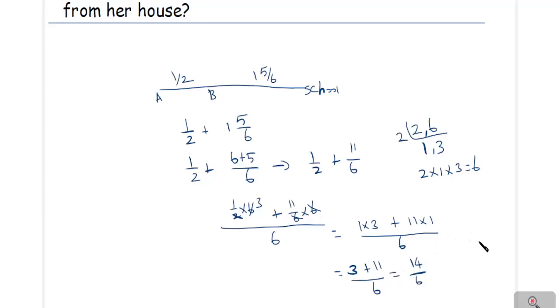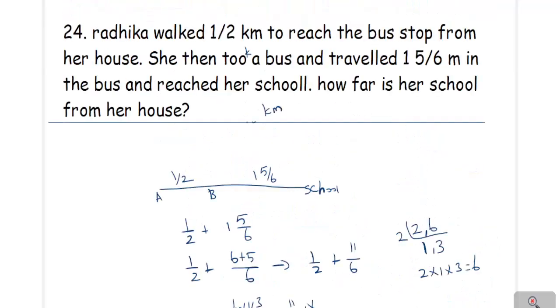Further, it can be simplified with the help of division. 2 times 6 is 12, balance is 2. You can write it as 2 2/6. So the distance is 2 and 2/6 kilometer.